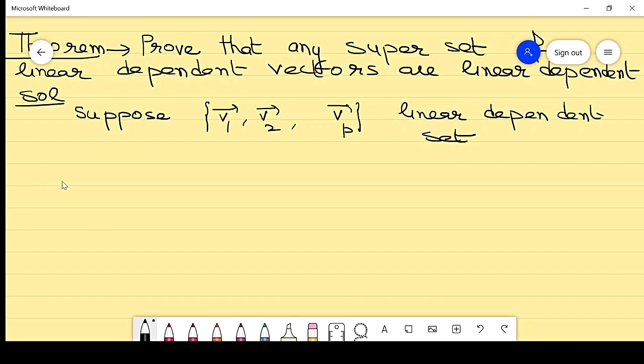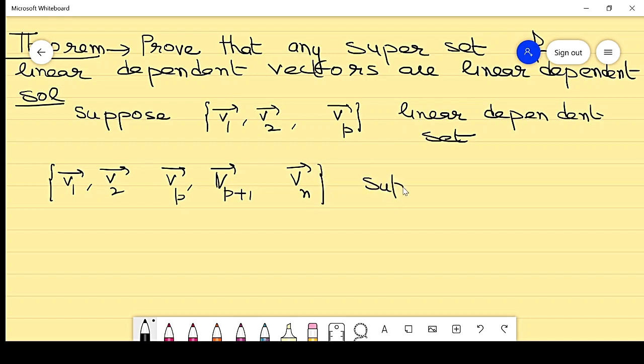Now again this set V1, V2, Vp, Vp plus 1 and so on up to Vn is a superset of this set V1, V2 and so on up to Vp.